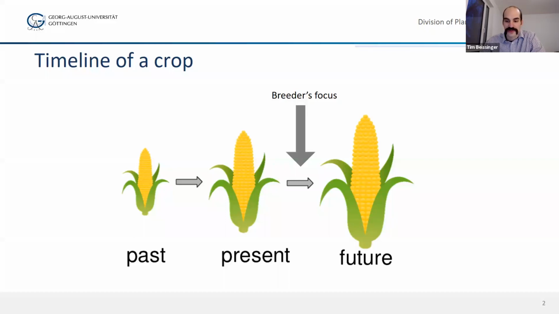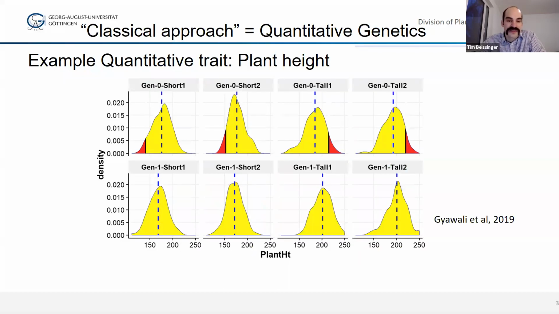So first, some history. The classical approach for a breeder to move from the present into the future, or to move plants forward, was to use traditional quantitative genetics. So here's a figure from a work we did last year, showing distributions of plant height in some maize fields. It's not too important to pay attention to this.